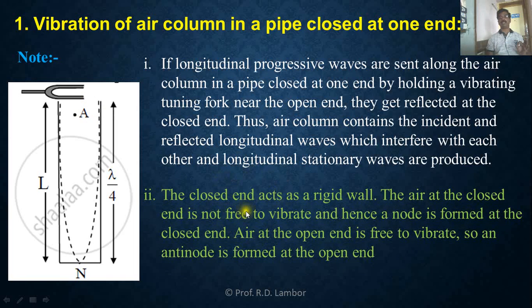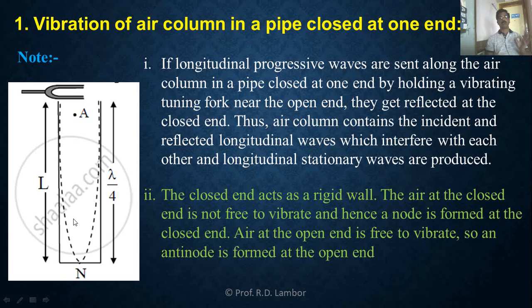That is written in this paragraph. See here, the closed end acts as a rigid wall. The air at the closed end is not free to vibrate and hence node is formed at the closed end. But air at the open end is free to vibrate. So an antinode is formed at the open end. So this air column, which is enclosed in a pipe closed at one end, can vibrate under this boundary condition.